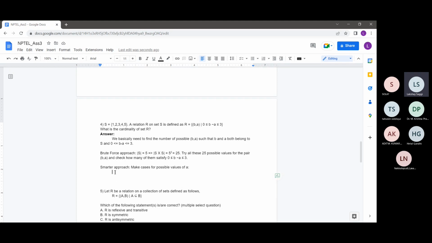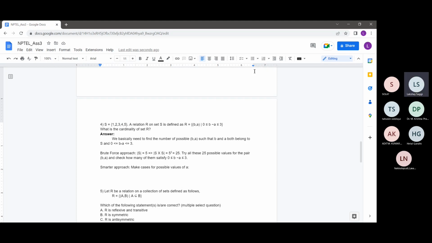So basically we'll take all the possible cases and add up all those values. When A is 1, what are the possible values of B? Plus the number of possible values of B when A is 2, plus the number of possible values of B when A is 3, and similarly for when A is 4 and 5.